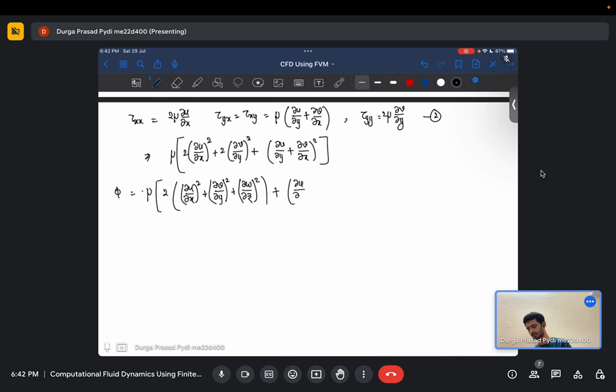Cross terms are essentially del u del y plus del v del x. So this is the expression you will get if you do it for the full 3D flow.